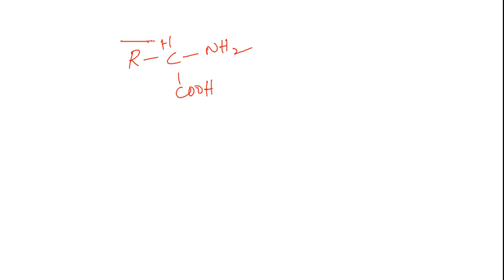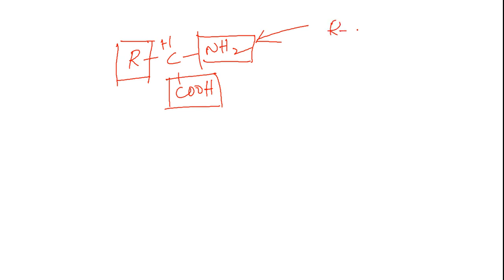In case of amino acids, we basically have three parts: the substituent, the carboxylic acid group and the amino group. In metabolism, either the amino group is removed. If the amino group is removed, you get an alpha keto carboxylic acid.